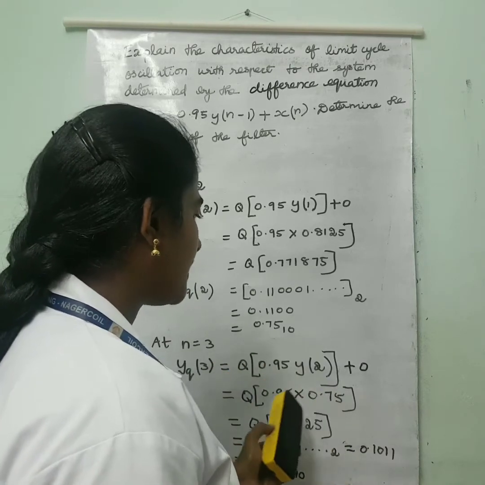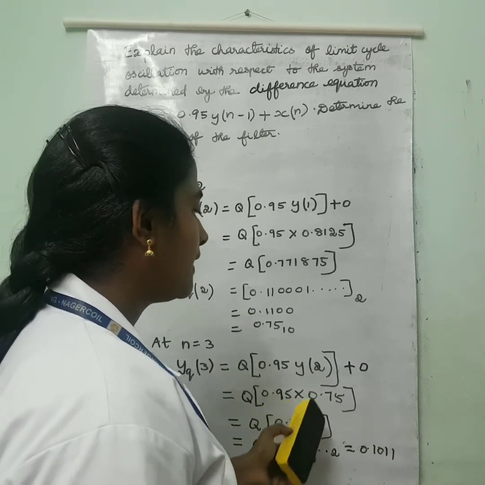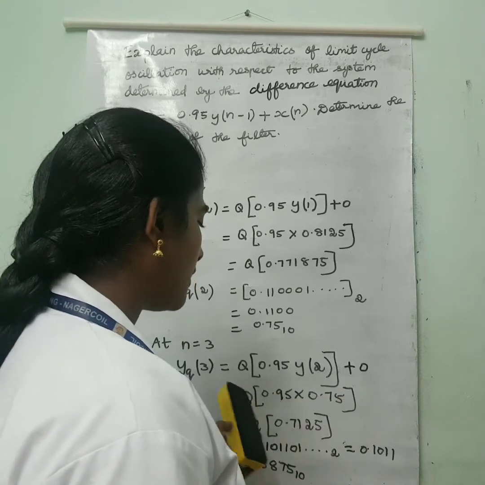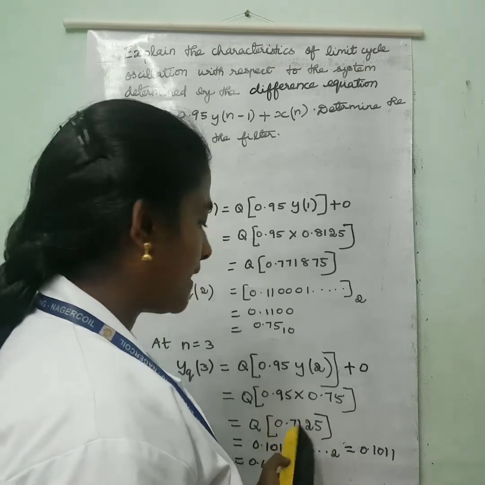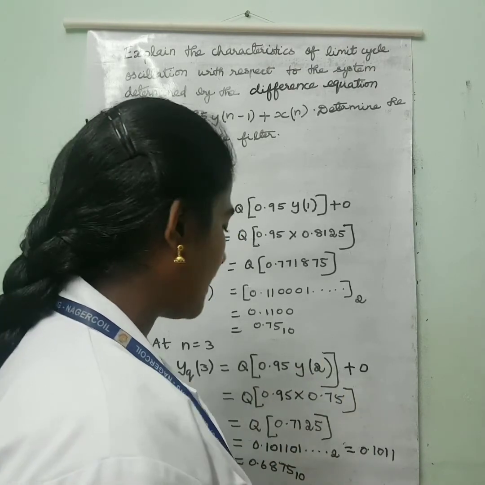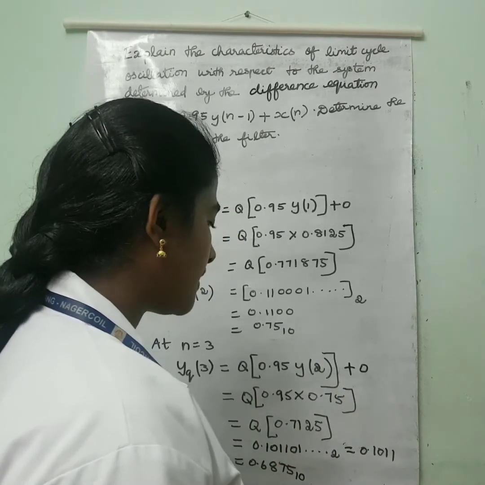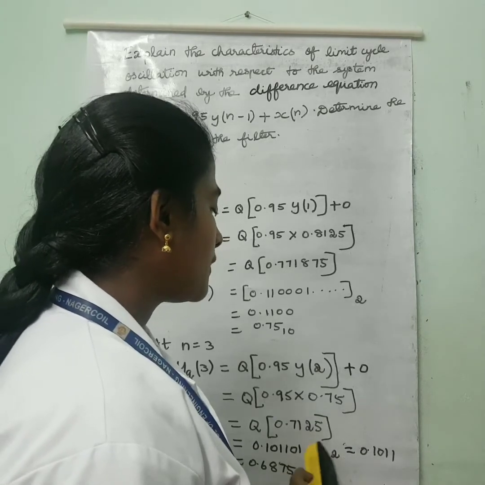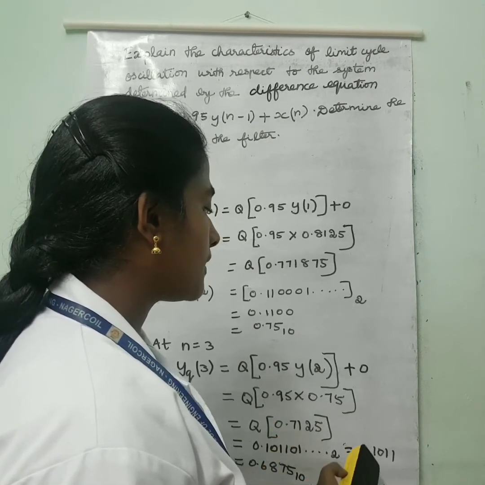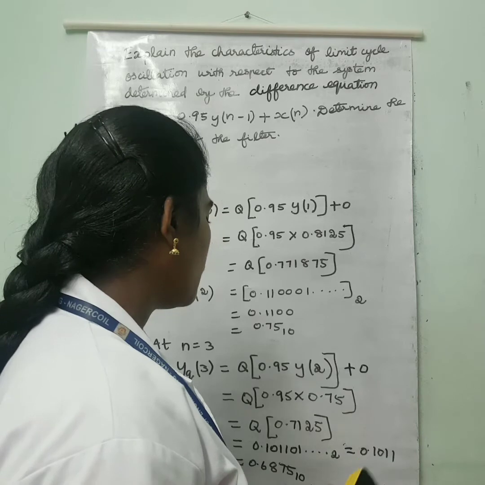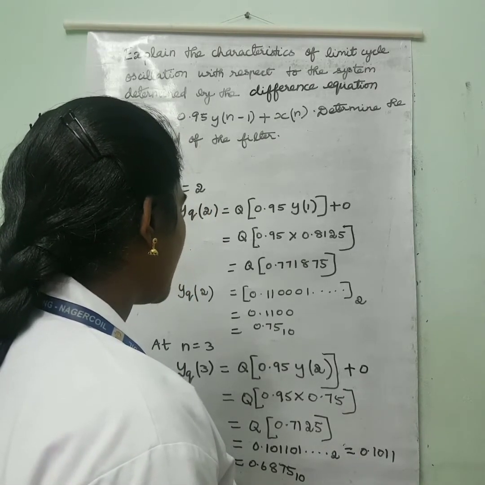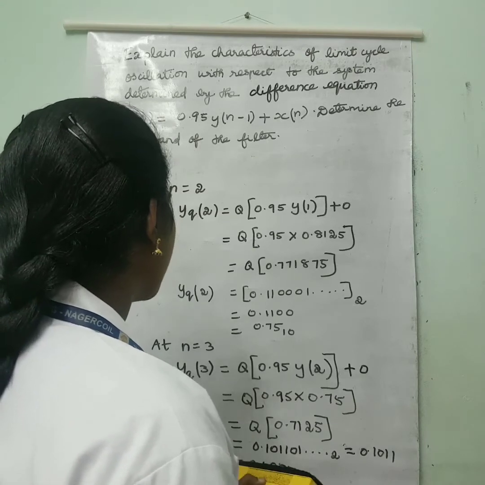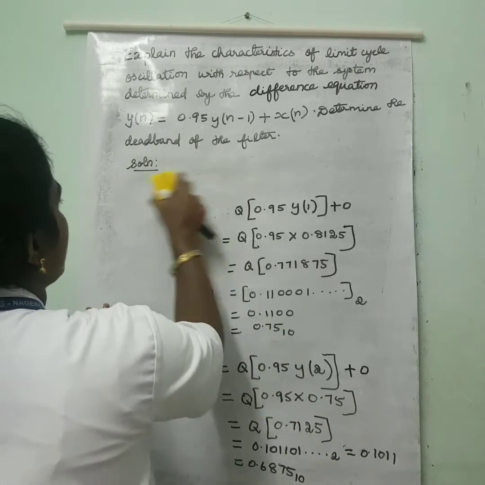So you substitute the value, 0.95 into 0.75, you have to quantize 0.7125. This value you have to quantize, so convert to binary value, you will get 0.101101. We have to take only 4 bits, so you will get 0.1011. That decimal equivalent is 0.875.